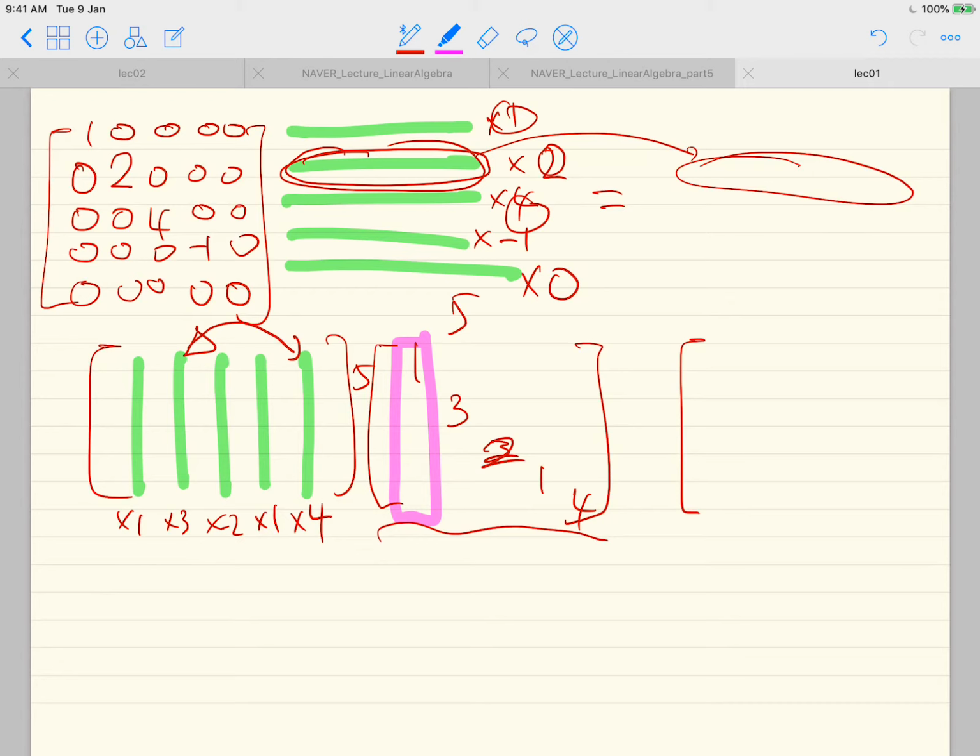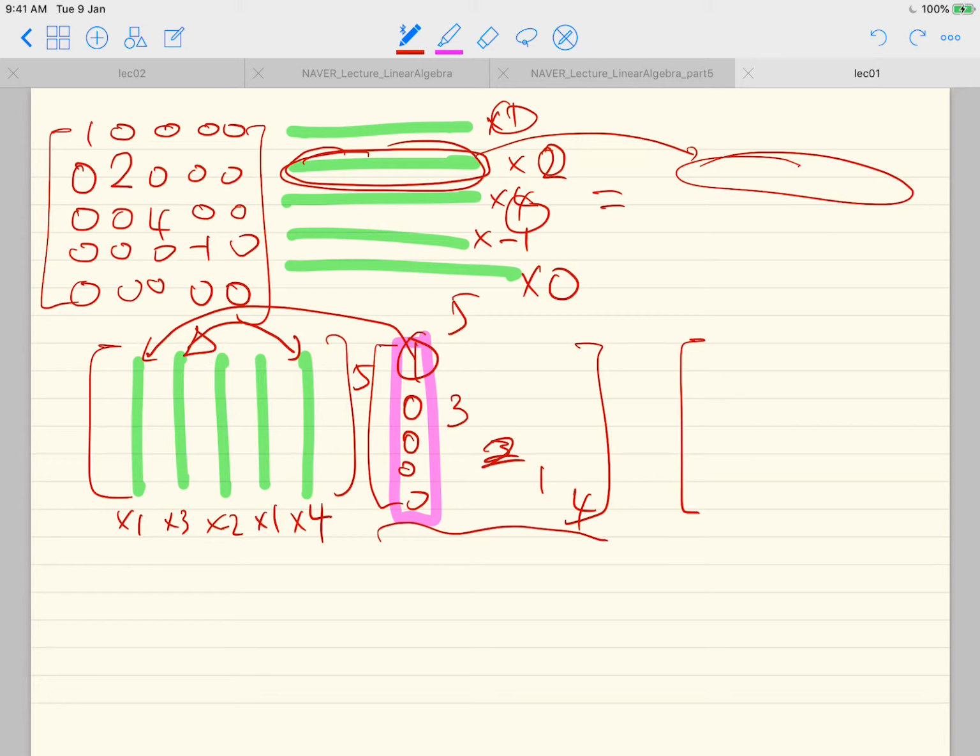So when multiplying the matrix on the right, each column of the right matrix will provide the linear combination coefficient. So 0, 0, 0, 0, and then this 1 will be multiplied over here, and 0, and 0, and so on, right? So that's how we do the linear combination of the columns on the left.